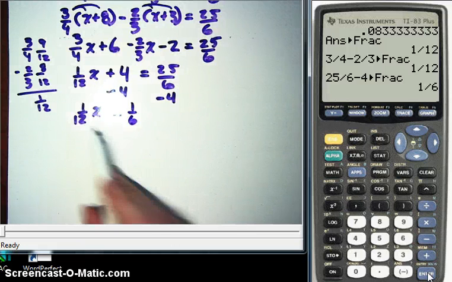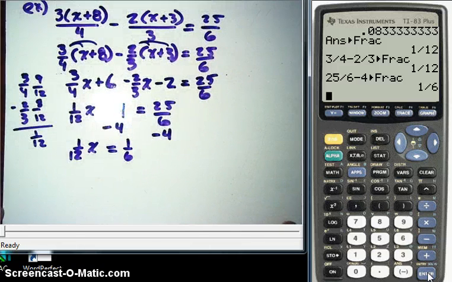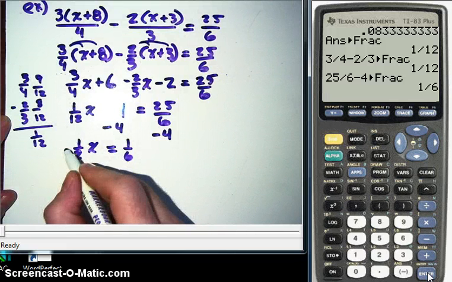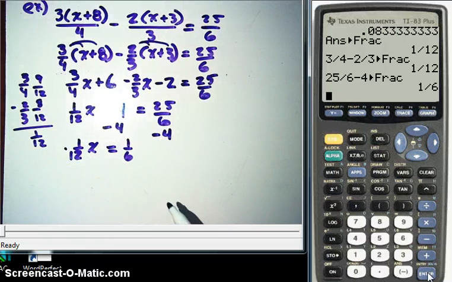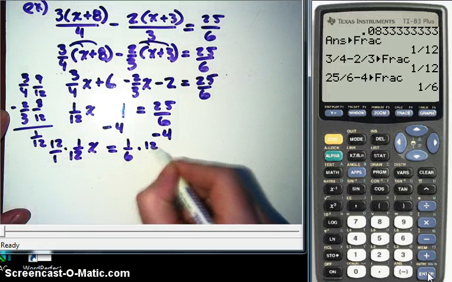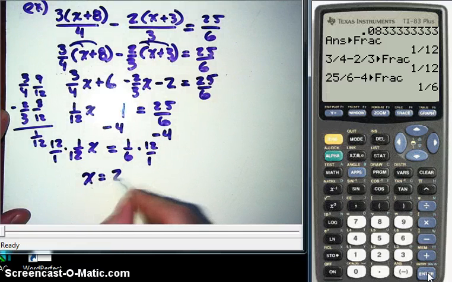I happen to know if I put a 2 in for x right now, that'll be my solution because the 2 will cancel, but that's because I know about fractions and I know how they operate. On the other hand, if I didn't know that, I might have realized that I have to multiply by 12 over 1 or divide by 1/12, which each way causes a little bit more problem. I'll multiply by 12 over 1 on both sides, and here I'll see that x equals 2.